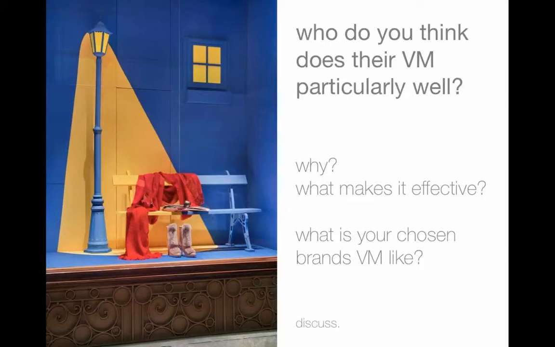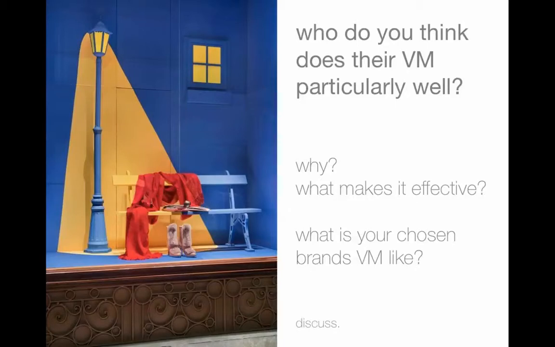A really good way to think about visual merchandising, and I know there's a couple of you that are quite interested in the role of visual merchandising as well, is to have a think about which brands you think do their visual merchandising particularly well. Not just necessarily in London, but internationally, throughout Europe, key cities that you think do their visual merchandising well, any brands out there, either big brands or small brands, independent retailers or large chains, could be department stores.